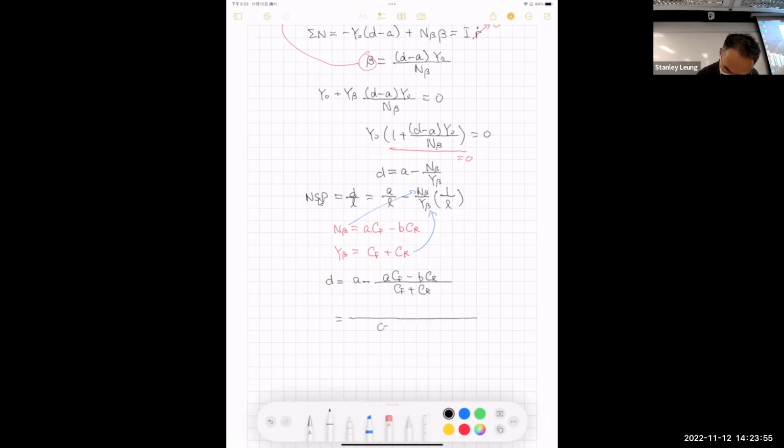so that you don't get lost of the math. Okay, ACF plus ACR minus ACF plus BCR, right? Expand it like this.